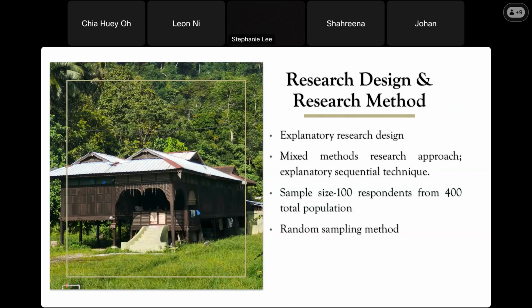The total sample size is 100 respondents out of the 400 total population through random sampling, where we distributed an online questionnaire survey form with close-ended questions to them through a third party, through one of the village representatives.